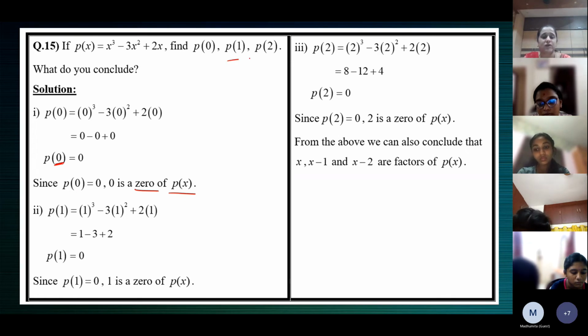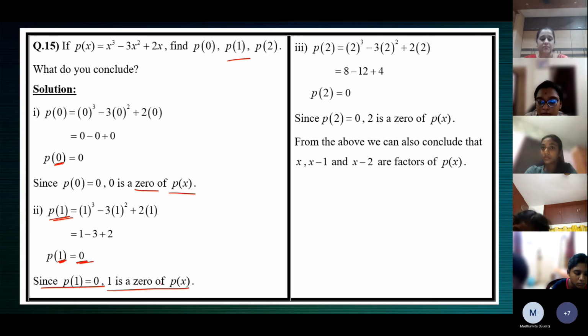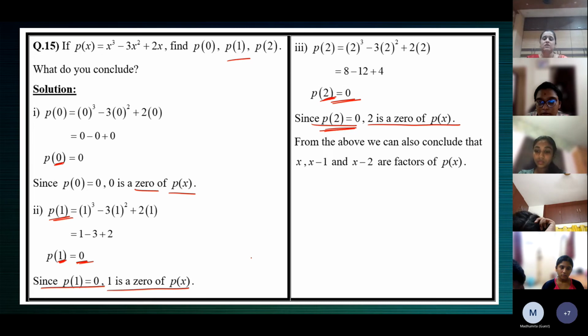Then we have to find p of 1. When you find p of 1, it is also 0. So since p of 1 is 0, it means 1 is a zero of p of x. And p of 2 is also 0. That means 2 is a zero of p of x.